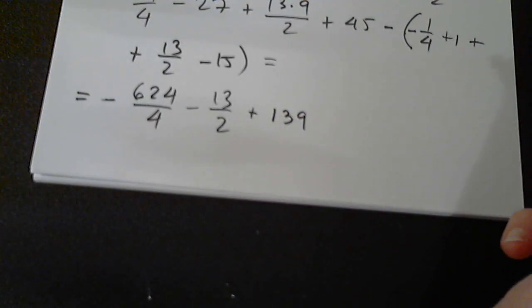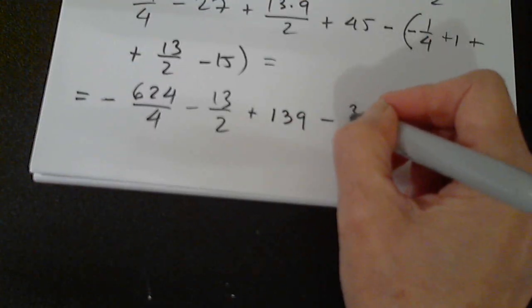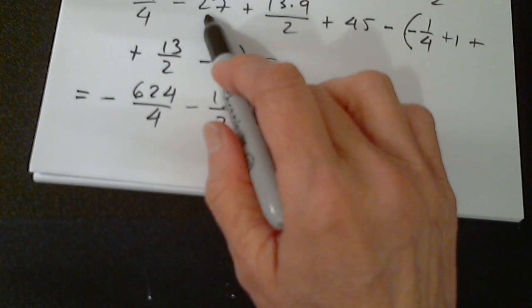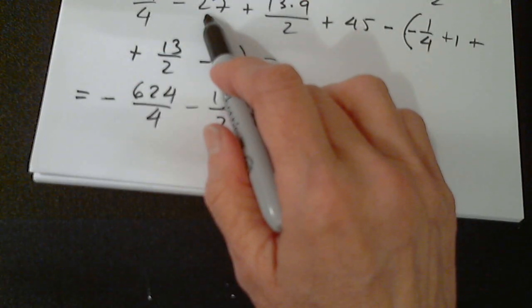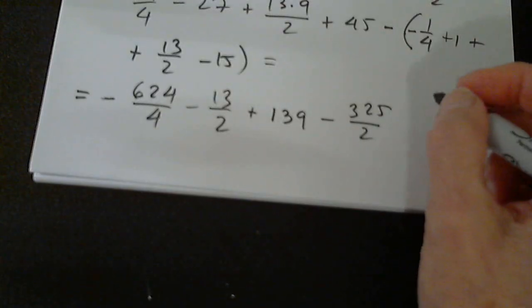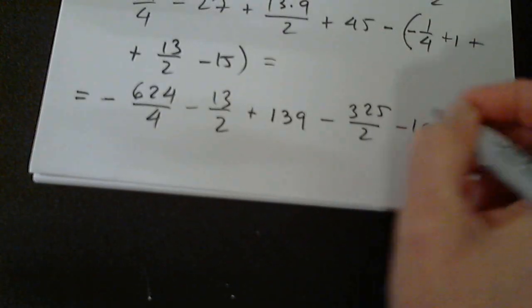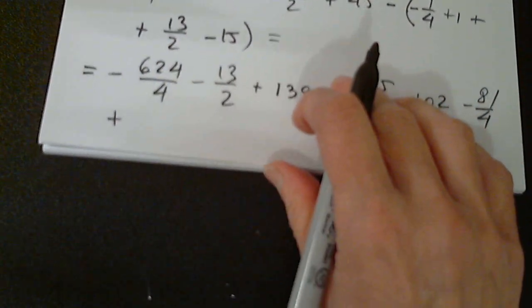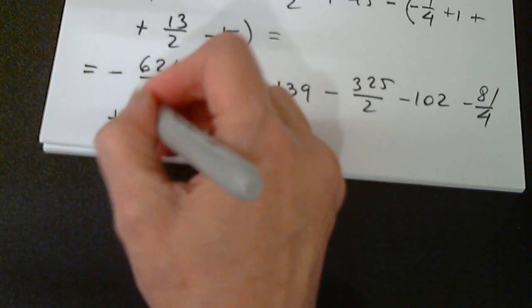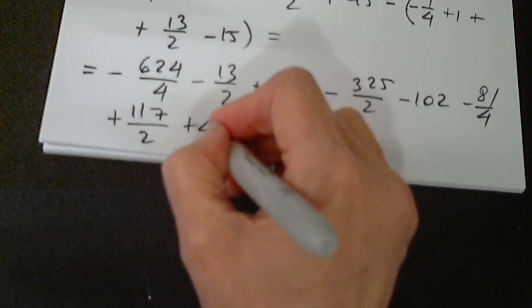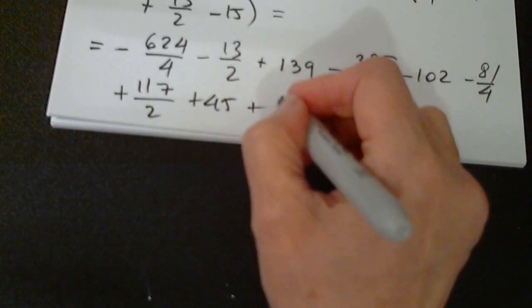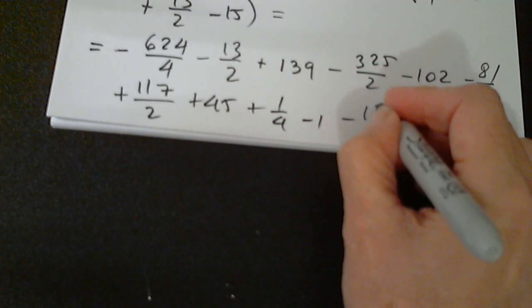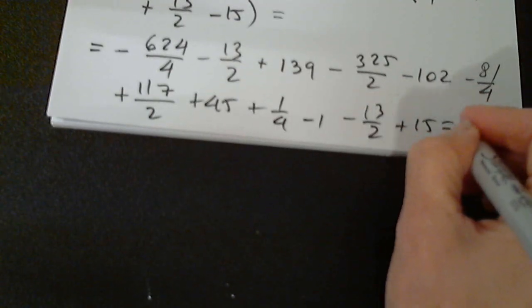139. Minus 325 with 2. And negative 75 with this. 102 minus 81 over 4 plus 117 over 2 plus 45 plus 1/4 minus 1 minus 13 halves plus 15.